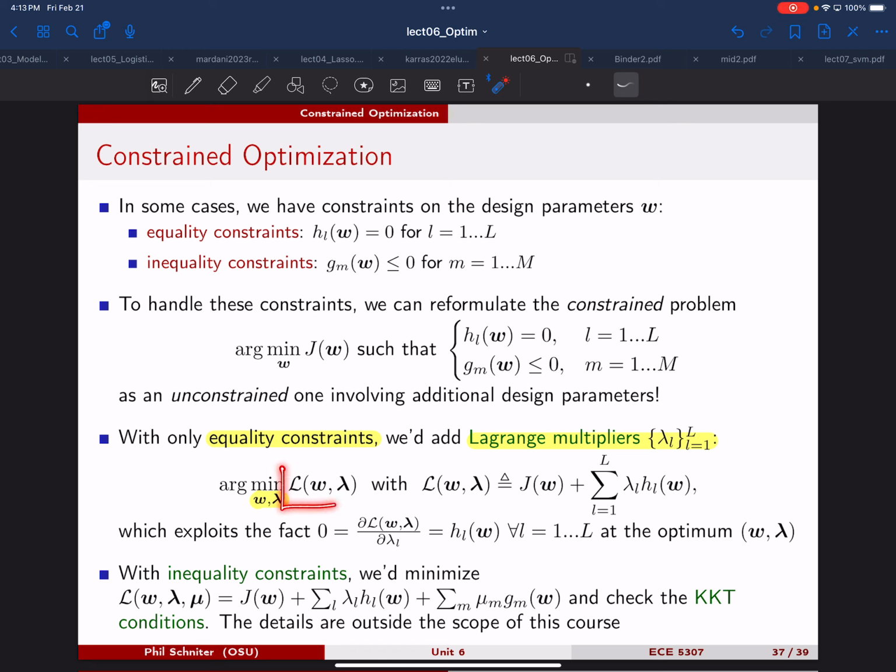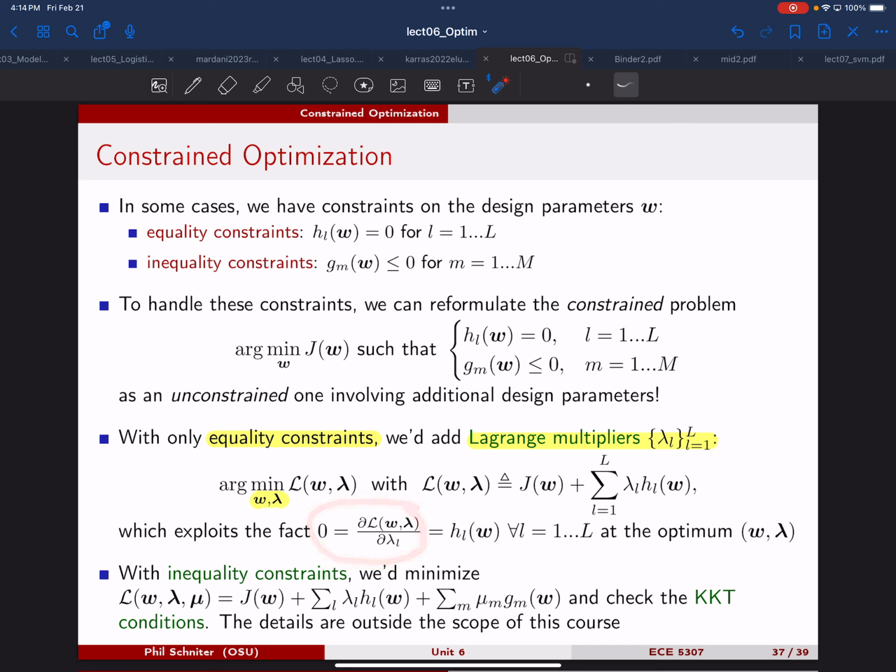And we're going to be optimizing a different cost function. This new cost function is the old one, J, plus a sum of lambda_l times those equality constraints. And the reason that this works is, remember that in unconstrained optimization, so now this is an unconstrained problem, if you want to find the minimum with respect to a certain parameter, you can find it by setting the gradient to 0, right?